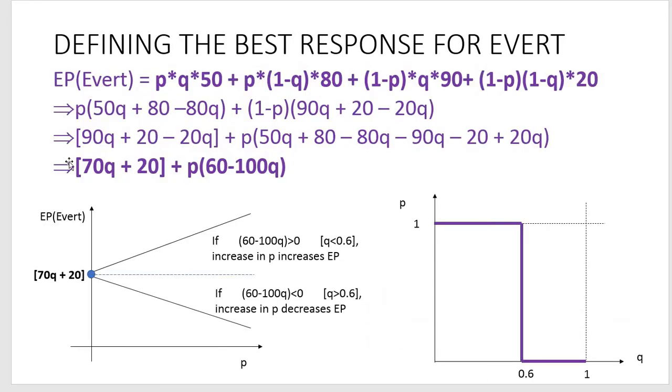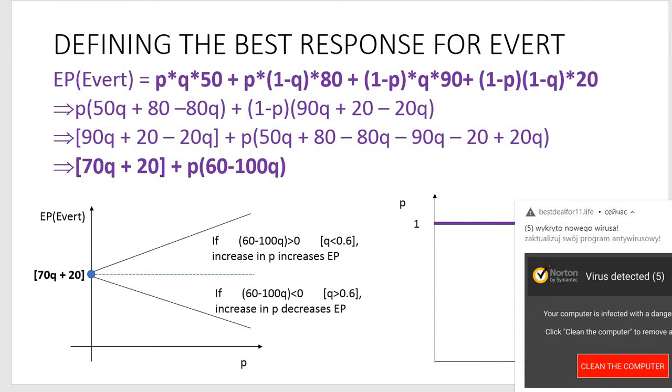So when you simplify, this should be your final solution. It's 70q plus 20 plus p times some coefficient. So here you've got this intercept, and actually the slope of the function would depend on the value of this expression, I mean 60 minus 100q, and to be more precise, it will depend on the value of q. So there are two possible options.